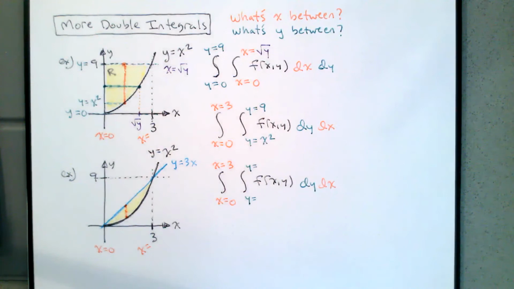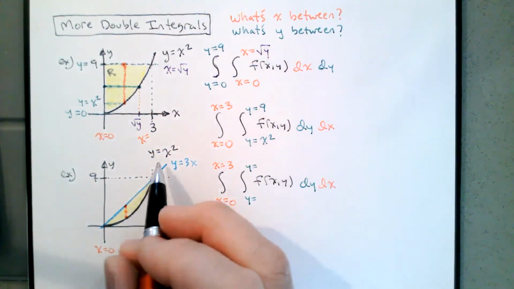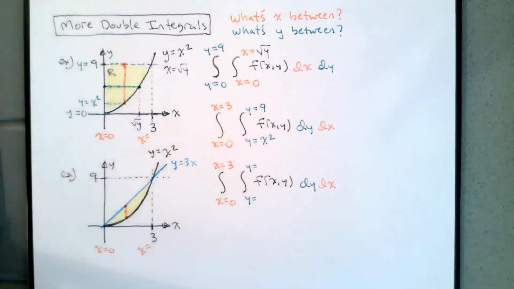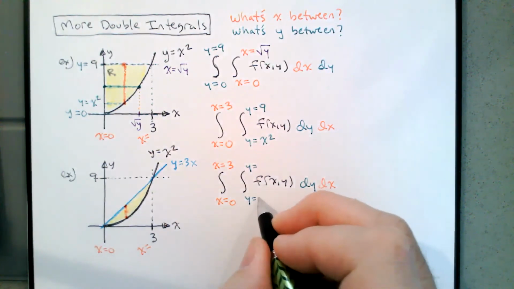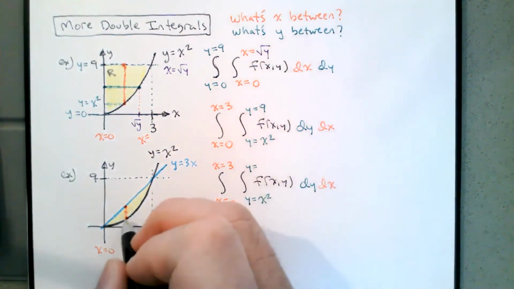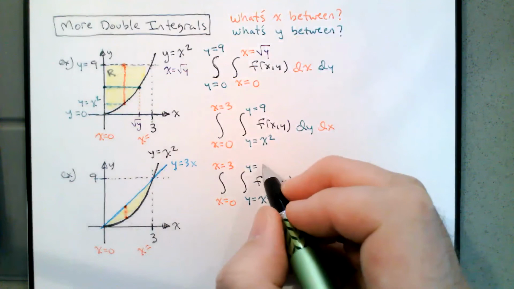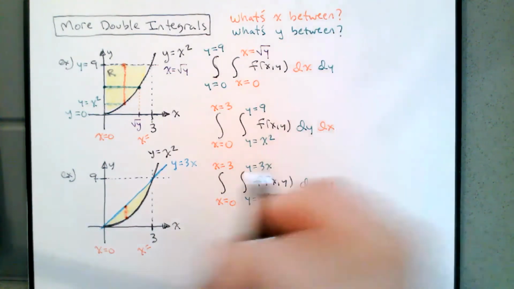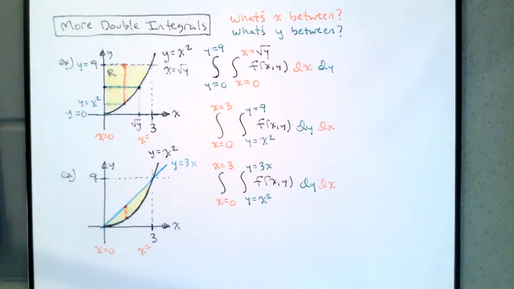In this case, the lowest y value is going to be from the parabola, x squared. And the highest y value is going to be from the line, 3x. So what we're saying is, for the values of x between 0 and 3, y is between x squared and 3x.